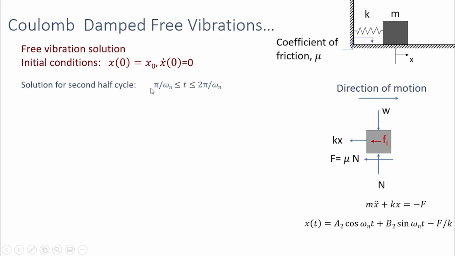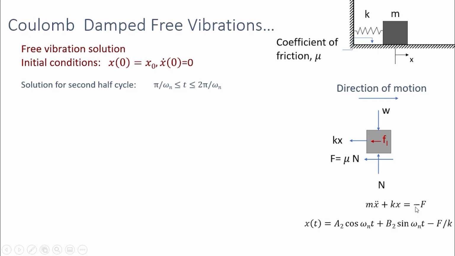In the second half cycle, the time is between pi by omega n and 2 pi by omega n, where 2 pi by omega n is the natural period of the system. In the second half cycle, the direction of motion is towards right, so the frictional force will act towards left.